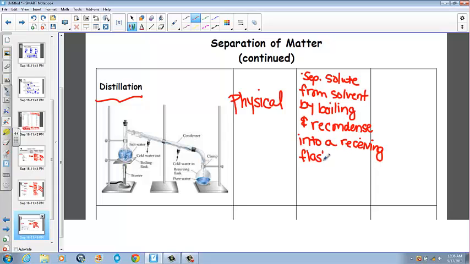And you end up with pure water here. If you notice, boil the salt water, you will have a vapor coming through this condenser tube, and that causes that vapor to recondense, turn back into a liquid through the tube and into the receiving flask, and you end up with pure water.